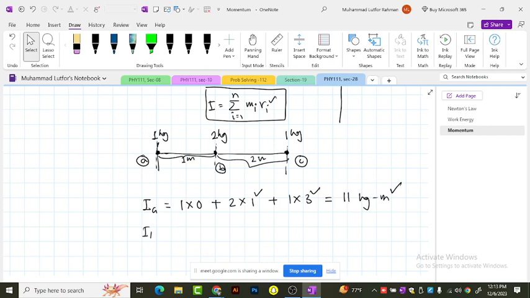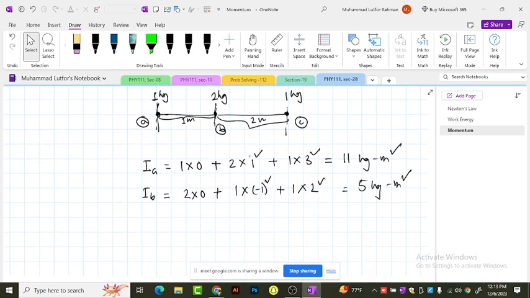Now through the point B, I will write 2 into 0, because this axis is already at the origin, that is why r is 0, plus 1 into minus 1 square, because if I choose this one as the origin, then this 1 kg is at minus 1 displacement, plus 1 into 2 square, which is 4, and plus 1, this is going to be 5 kg meter square, right?